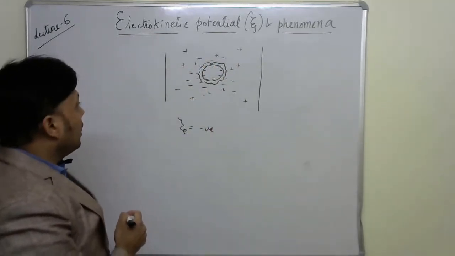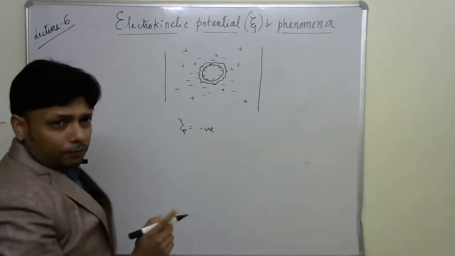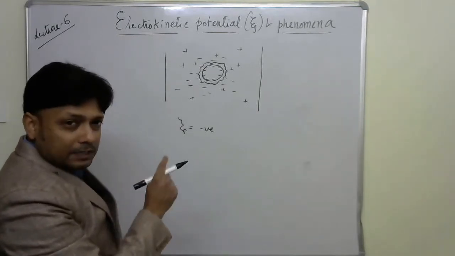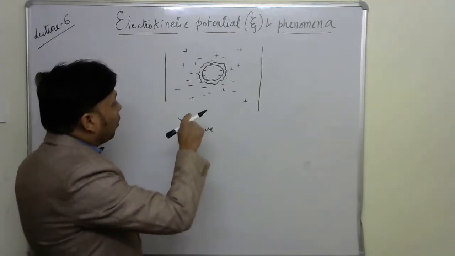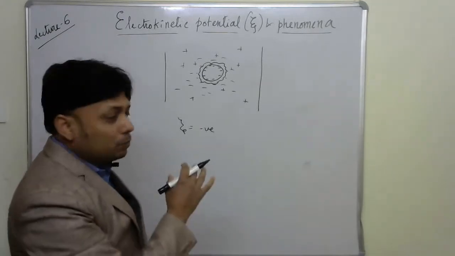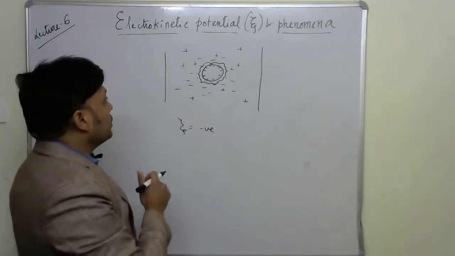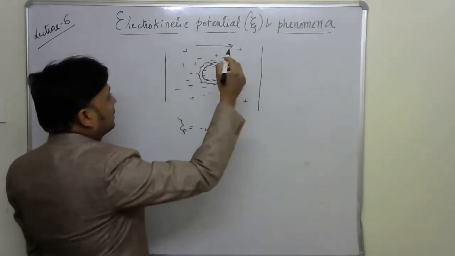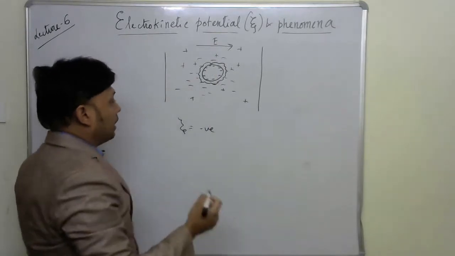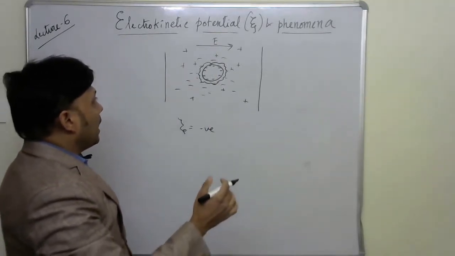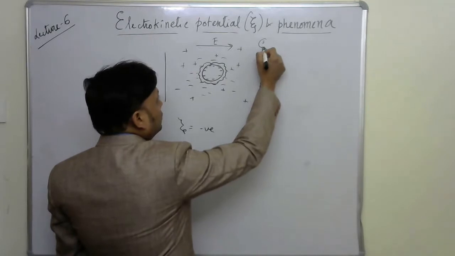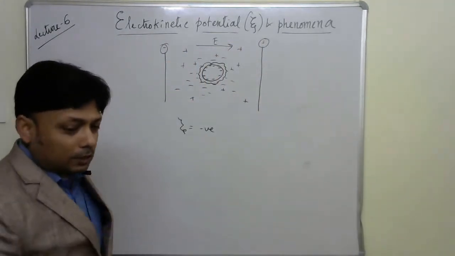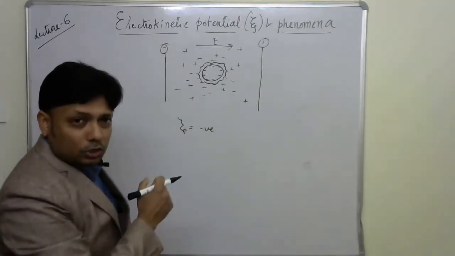Then if we apply an electric field tangentially on the surface of that charged particle, assuming it is a spherical particle, that means we would be applying an electric potential across the electrolytic medium where the charged particle is situated.